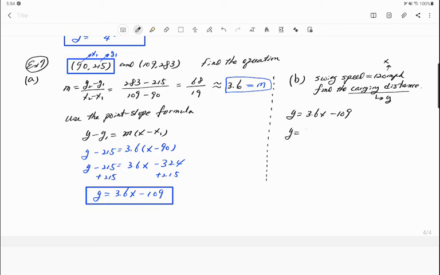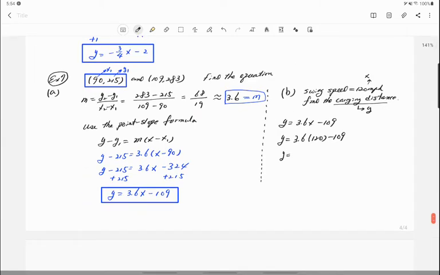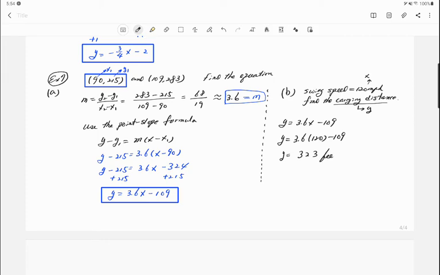So y equals 3.6 times 120 minus 109. Then y equals 323. So y is the carrying distance in feet. So write down feet.